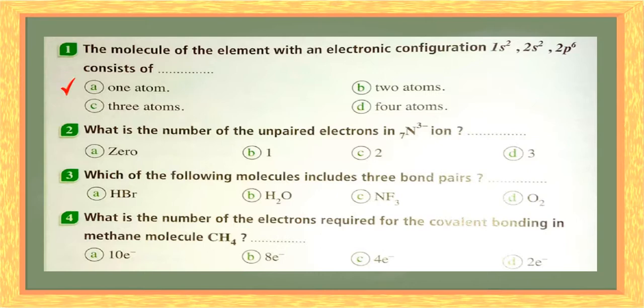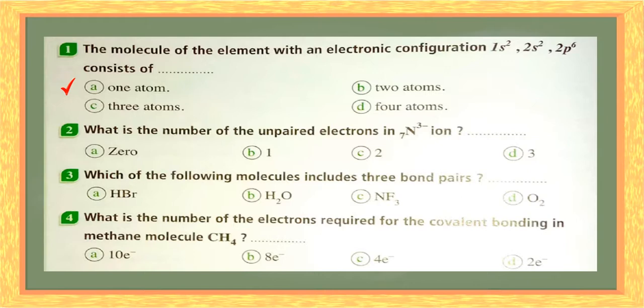Okay, only one atom. The second question: what is the number of unpaired electrons in the nitrogen-7 negative 3 ion? When we have the ion of nitrogen, it contains 3 unpaired electrons, 3 electrons in its outermost energy level.